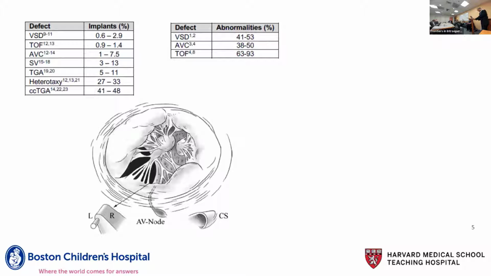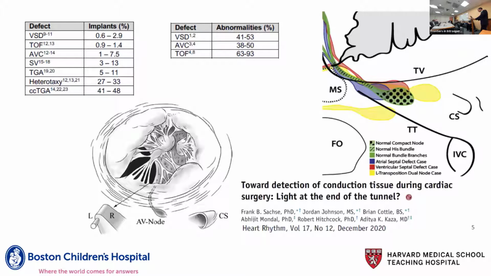And this is the classic picture that Dr. Sanders showed us of the AV node in the triangle of Koch, the penetrating bundle in the membranous septum. A simplified view of this, but what we found, even in our laboratory examinations, in a paper published in Heart Rhythm, is that in human tissue from normal hearts, a patient with ASD, VSD, and a patient with L-looped ventricles, even from our histological assessment, using Masson trichrome staining, there's significant variability in the location of the AV node, and more importantly, significant variability in the length of the His bundle and where it bifurcates.